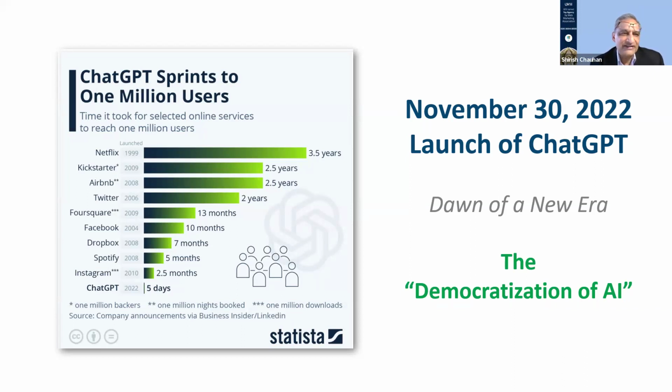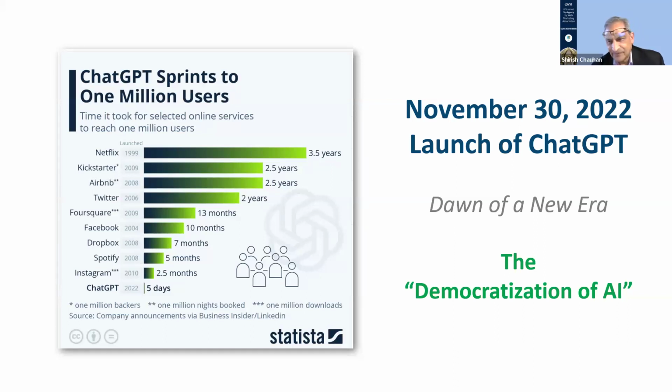I think it's just worth sharing this. We're looking at 1 million users or downloads or whatever is relevant for the industry. So for Airbnb, it'll be 1 million nights booked. So Netflix at the top took 3.5 years to get to 1 million.